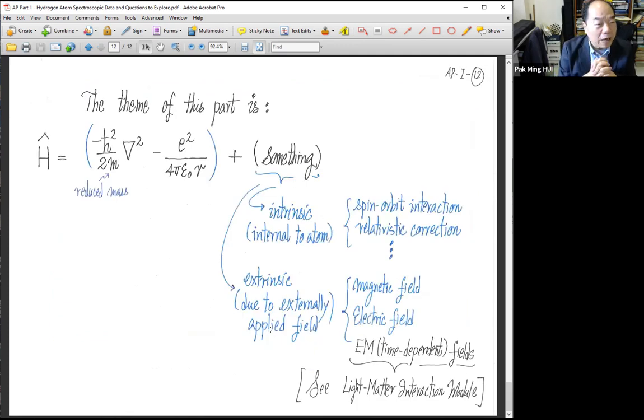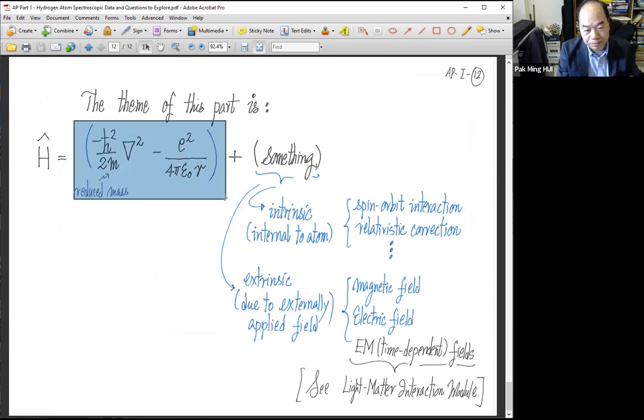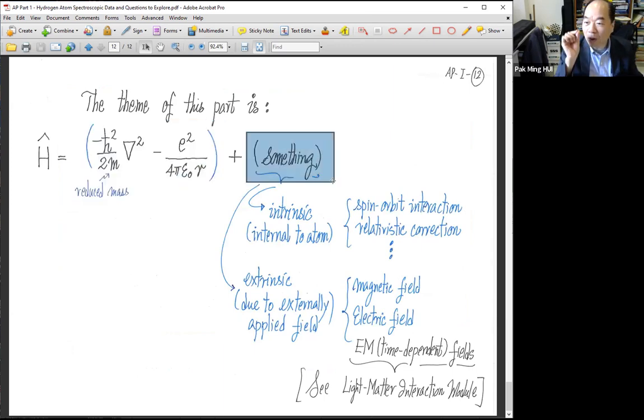So, last page before we get into the business. We will be doing the following. I hope that you realize this is the hydrogen atom Hamiltonian that you played with last term. You know the solutions. Now we need to add some small effect.